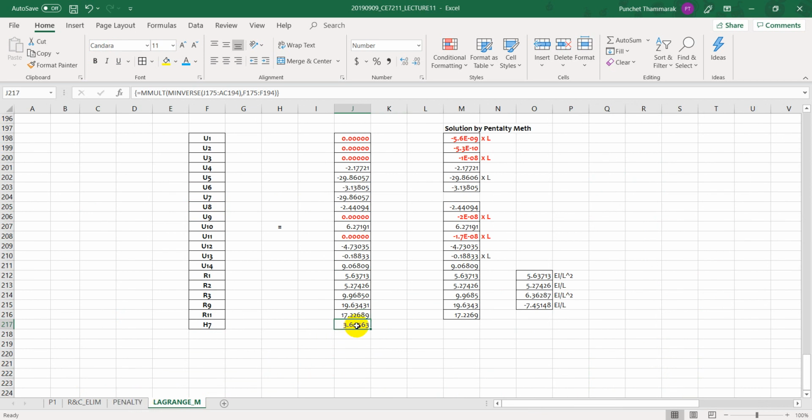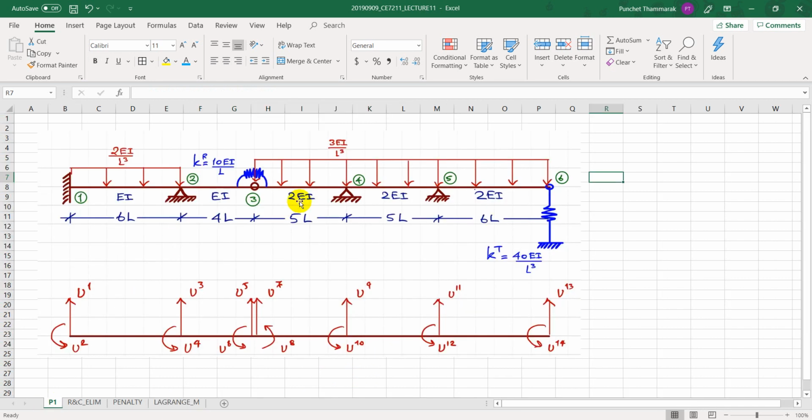If you remember, we have the hinge force from the Lagrange multiplier being 3.60. This is the hinge force at degree of freedom 7. That means it is the hinge force acting on member number 3, because initially, for that Lagrange multiplier, we set up H7 being this one. Come back here.